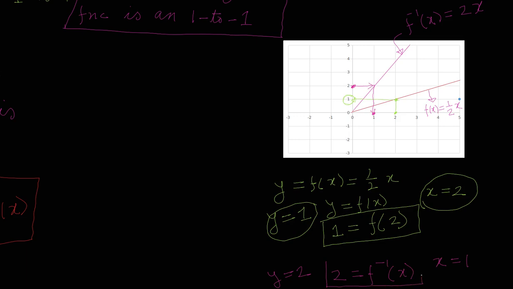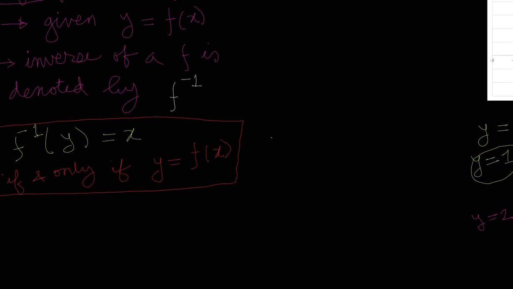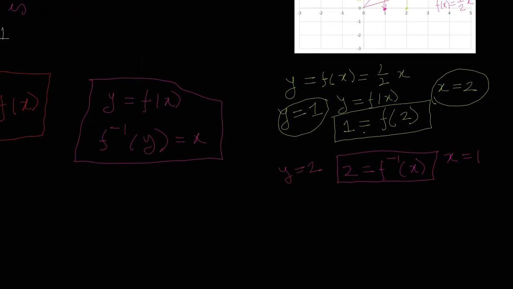Now if you compare the two equations I have written before. If y equals f of x, then the definition of inverse function is what? f inverse of y is going to be x. That is by definition. Now let us use this conclusion with our graph. What I found, 1, which is y, equals f of 2.